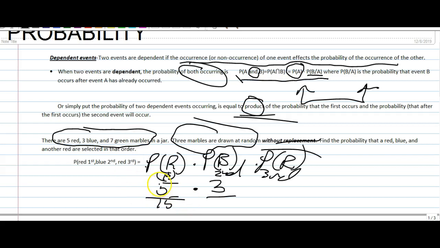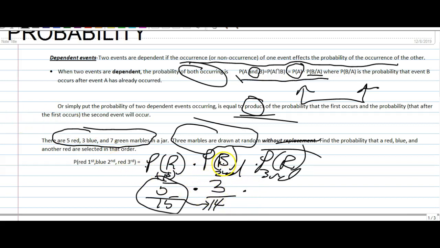What we get on the first draw does affect the probability of what we get on the second draw. In this case, if nothing else, that's because we have 1 less marble to choose from. If we did not replace the first marble before we drew the second marble, then there's 1 less marble in the jar to choose from, so that reduces our total number of outcomes.